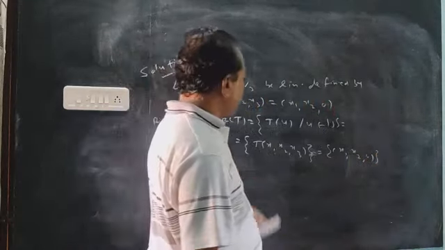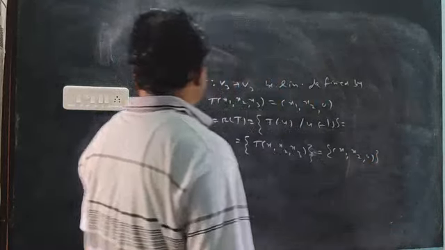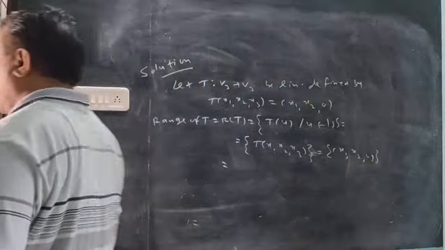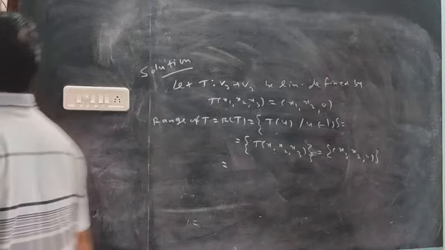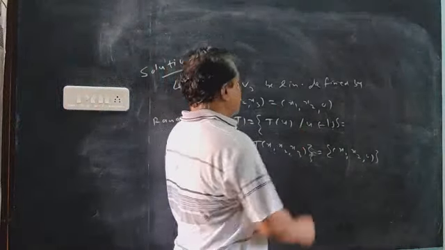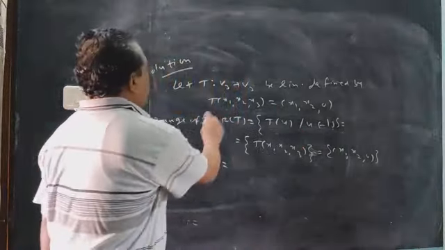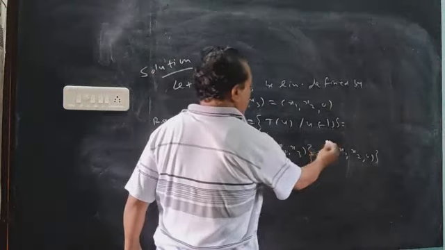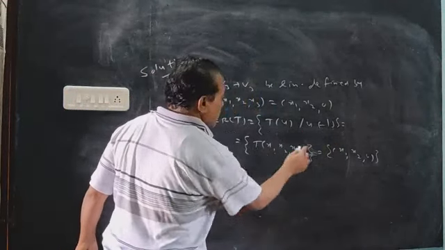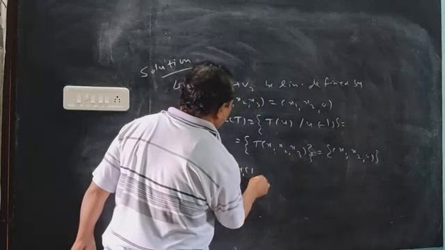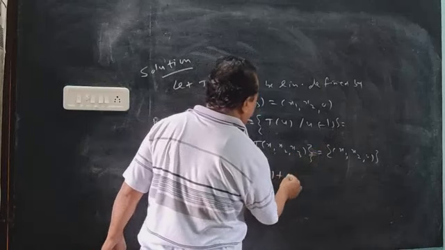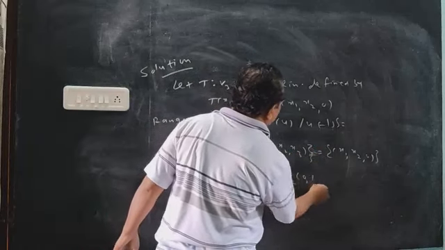Here the basis is not given, so R(T) is, by theorem, the span of T of E1, T of E2, T of E3, where E1, E2, E3 are the basis. If the basis is known to us, then we can use that technique. Here we don't know the basis, so I have to generalize. So this is the same as x1 into (1, 0, 0) plus x2 into (0, 1, 0).